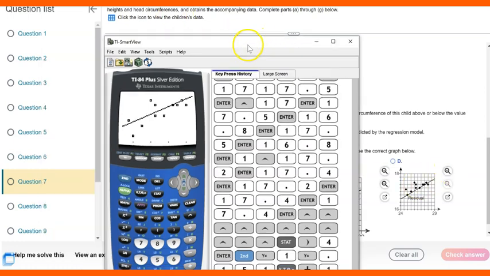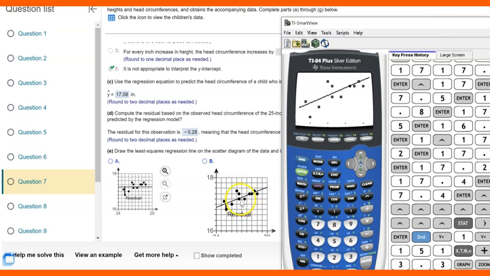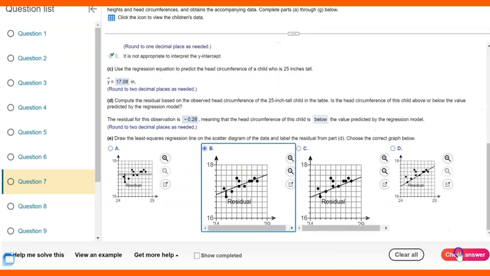Therefore, in this particular question, if you compare these two, they are similar, and the residual is going to be this length from here to here. This is going to be negative 0.28, which is the residual, but the calculator doesn't show the line here, but in the homework you have the residual option. Therefore, click B and check the answer.